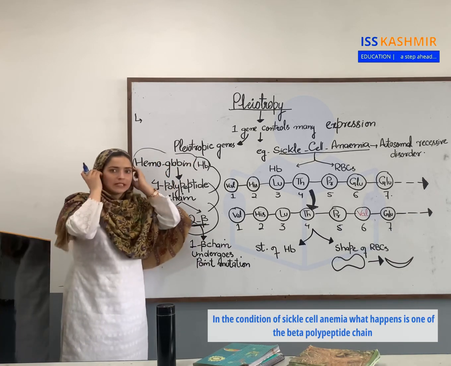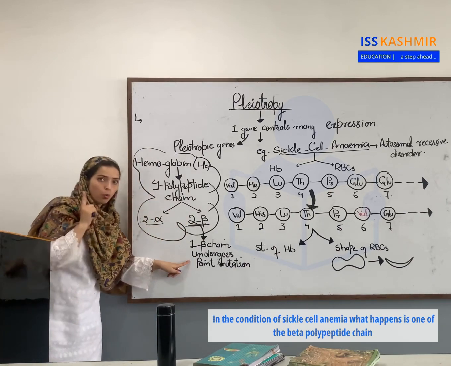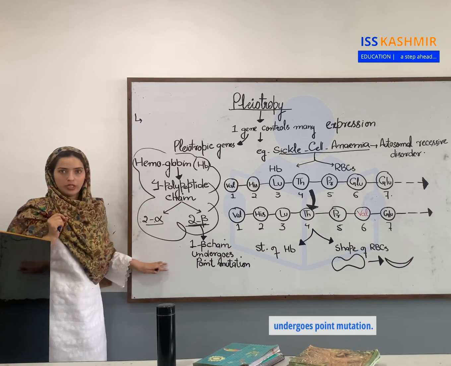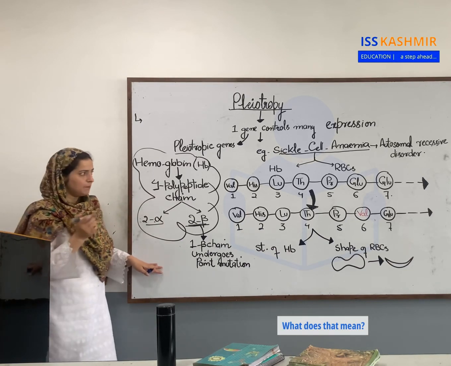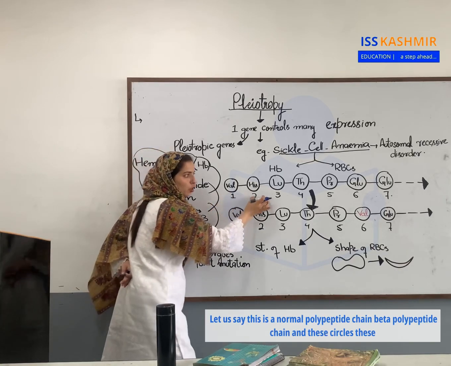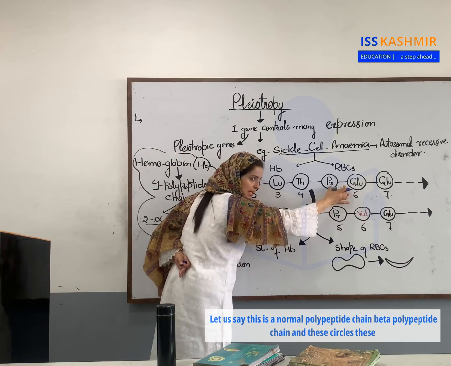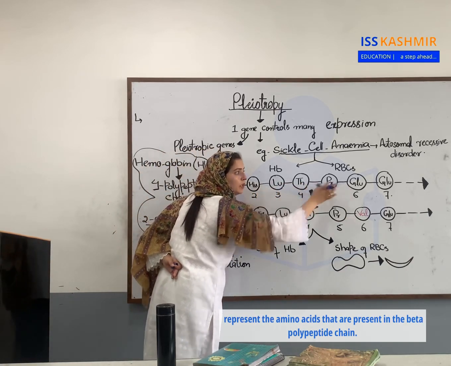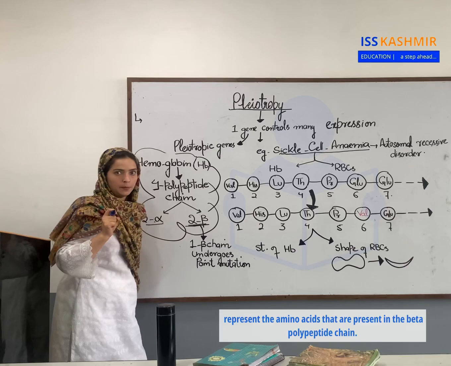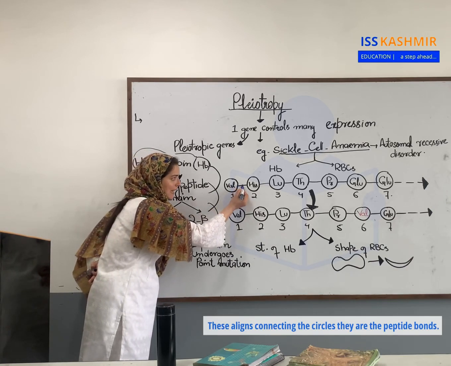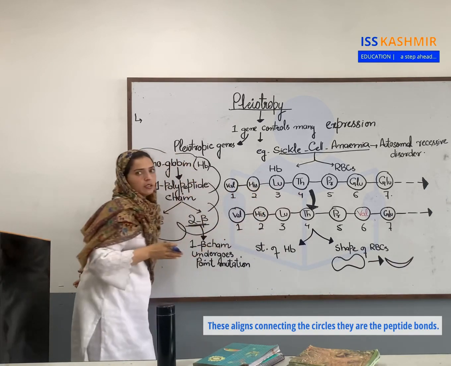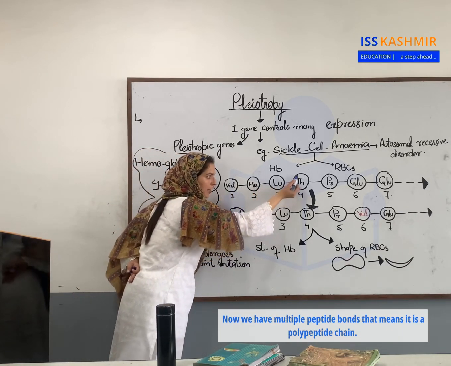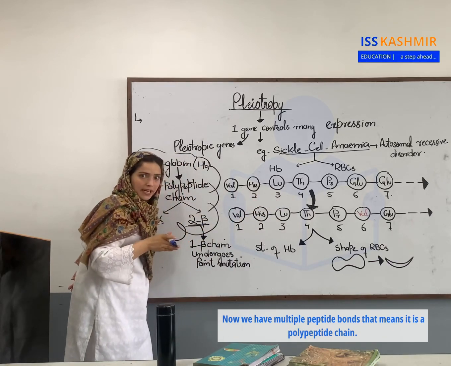In the condition of sickle cell anemia, one of the beta polypeptide chains undergoes point mutation. What does that mean? Let's say this is a normal beta polypeptide chain, and these circles represent the amino acids present in the beta polypeptide chain. These lines connecting the circles are the peptide bonds. Now, we have multiple peptide bonds, that means it is a polypeptide chain.